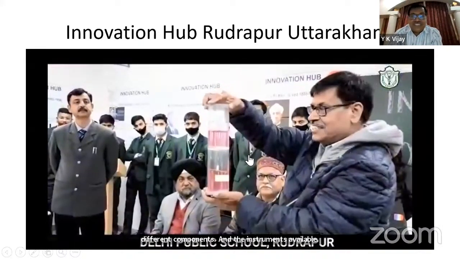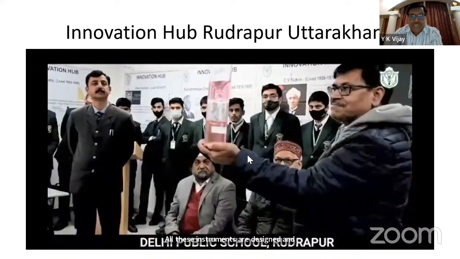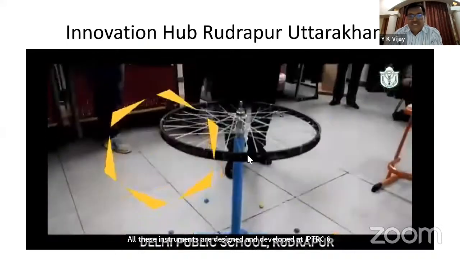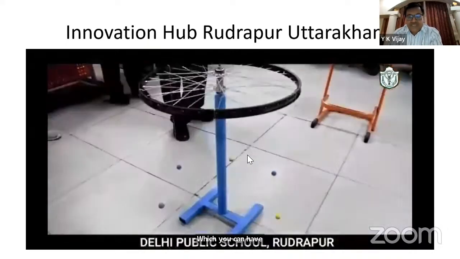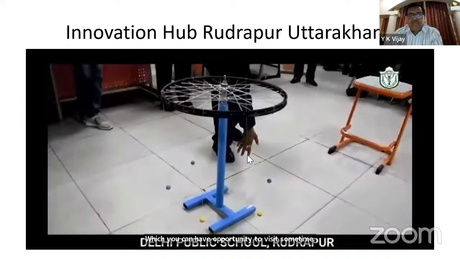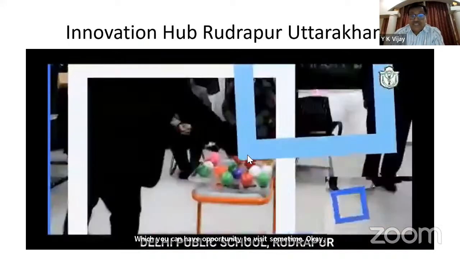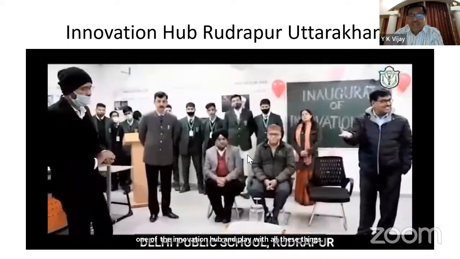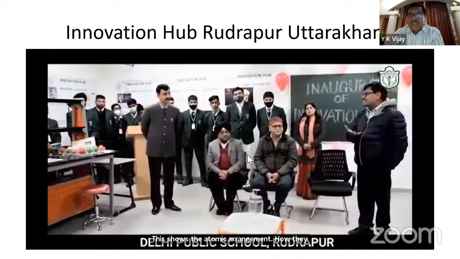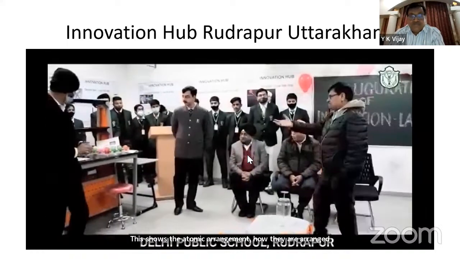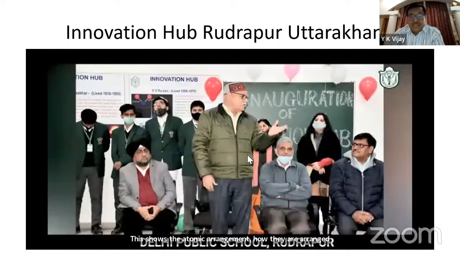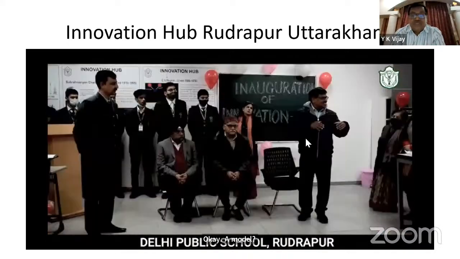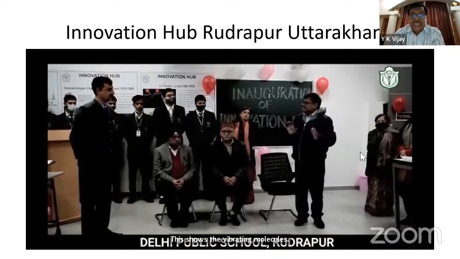All these instruments are designed and developed at IIPT RC6, which you can have the opportunity to visit sometime, one of the innovation hubs, and play with all these things. This shows the atomic arrangement, how they are arranged, a model. This shows the vibrating molecules, viscous dynamics, and so on.